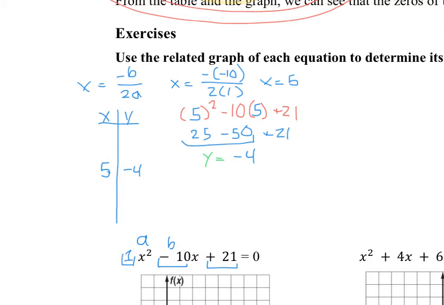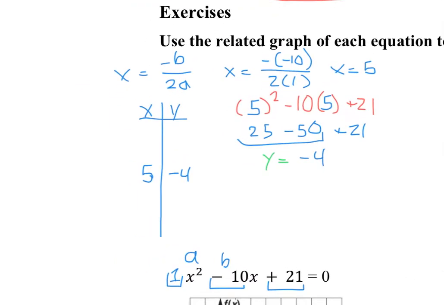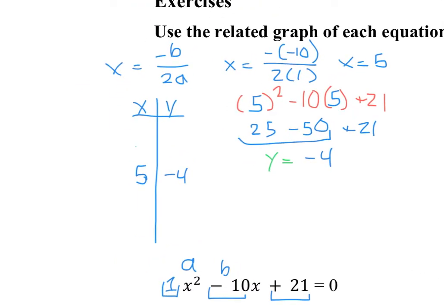Okay, so where we move now is we start to fill in other values on the table. And we can do that by simply counting down, so 4 and 3, up to 6 and 7. But recall here that these two are going to match, as well as these two are going to match. So I don't need to pick all 4 of these. I can just pick 2 of them. All right.